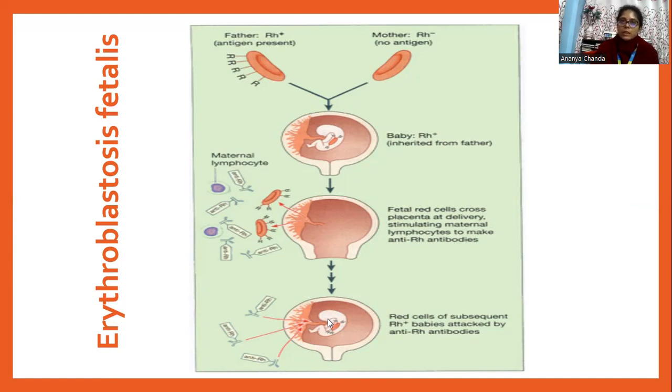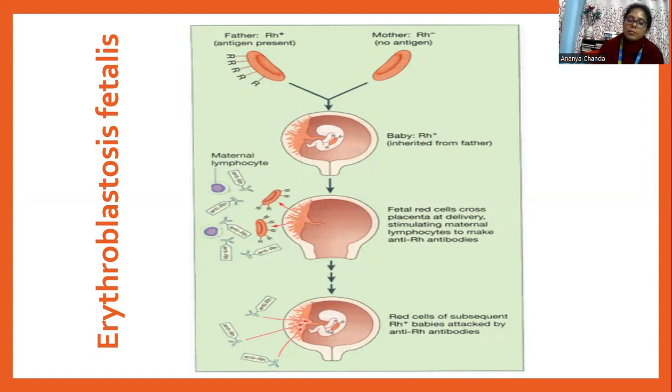Then comes another point: erythroblastosis fetalis does not always affect the fetus during the first pregnancy, as the concentration of the antibody is low. But during the second pregnancy, what happens? The mother's blood already has an antibody against the positive blood group, right?